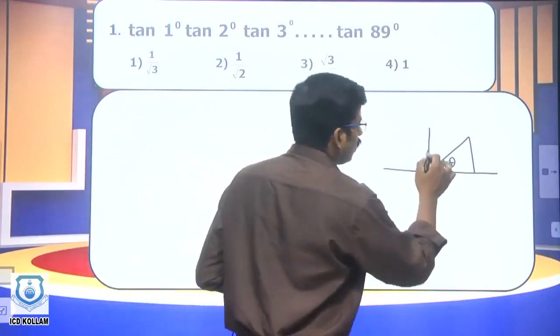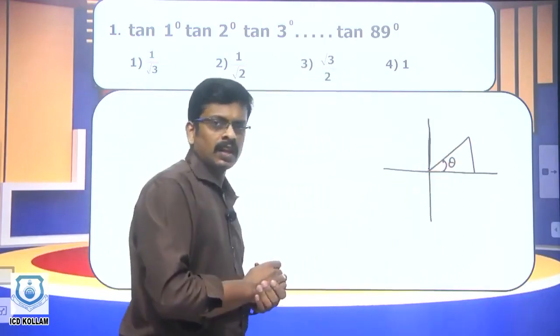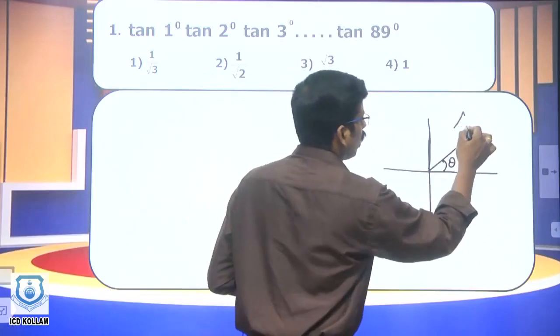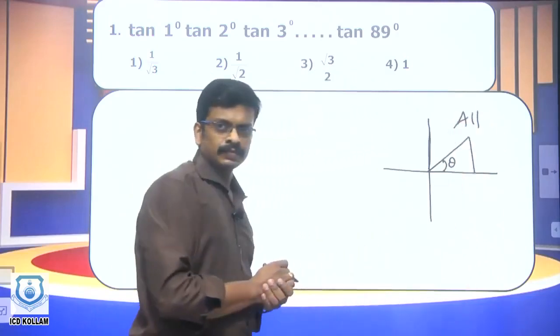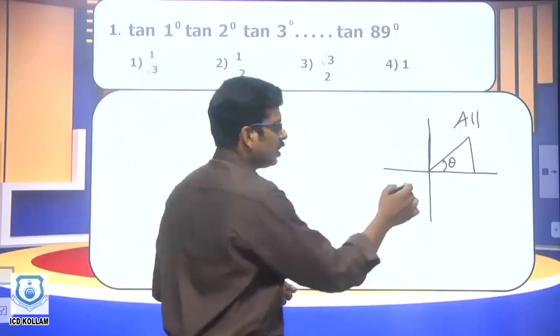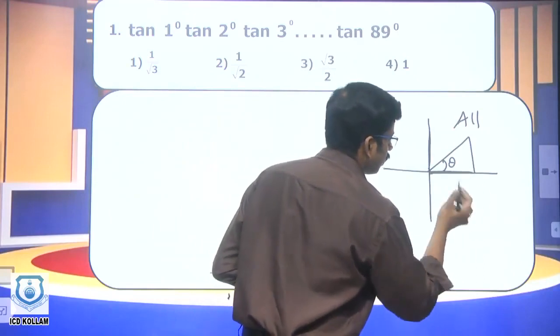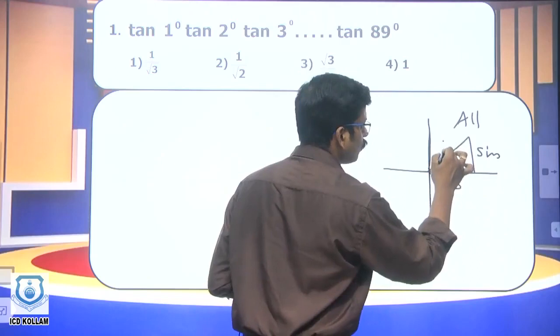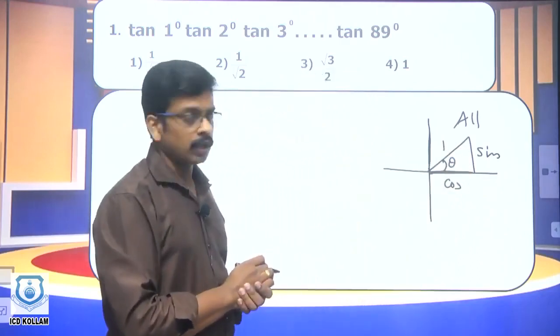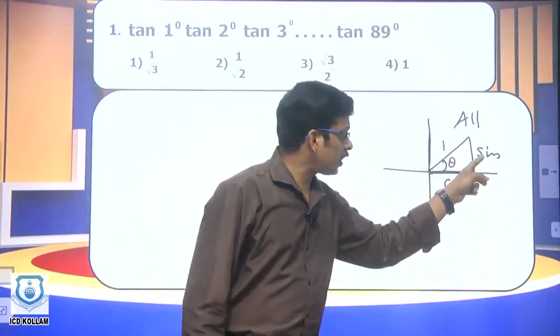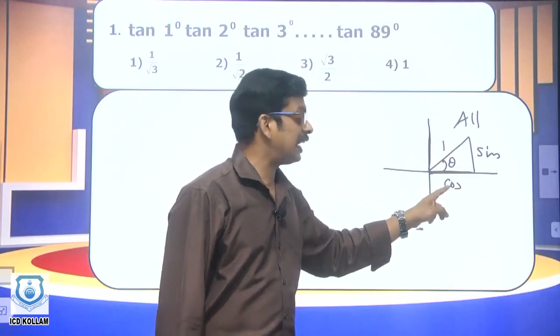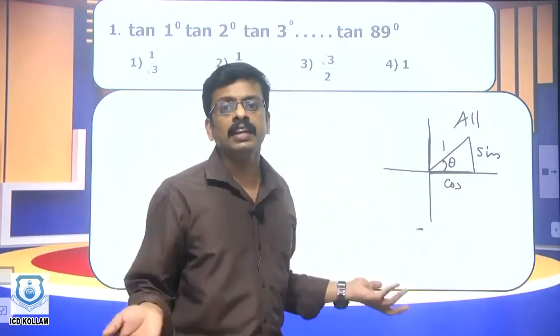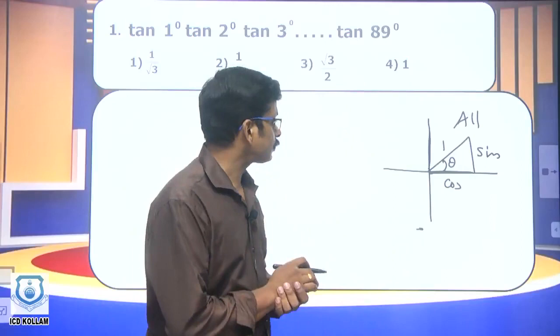Now in this first quadrant all values are positive. This is our cos value, this is our sine value if this one is 1, this is the opposite side, this is the hypotenuse, and this is the adjacent side.